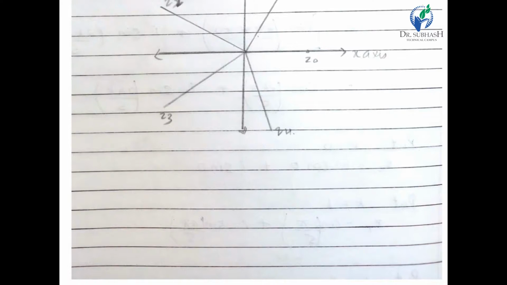So in my next video, roots of complex number 2, we will learn how to find the roots of a quadratic complex equation, that is az square plus bz plus c equal to 0.